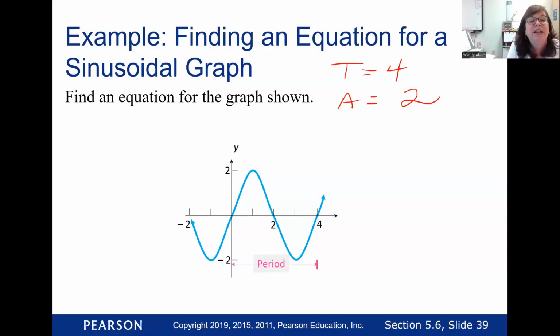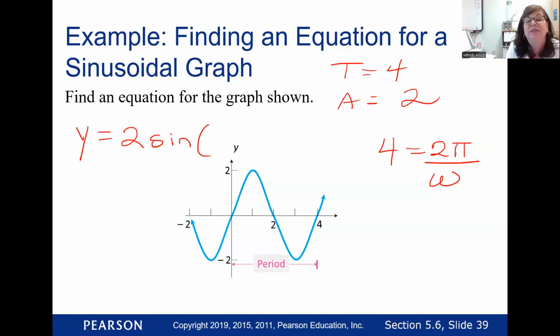All right, so I'm saying this is going to be y equals 2 sine, but what is my omega value? Well, your period, remember, equals 2 pi divided by the omega value. So 4 equals 2 pi over omega. Now we just need to solve for omega. It's a great time to use the middle school algebraic thing of cross multiplication.